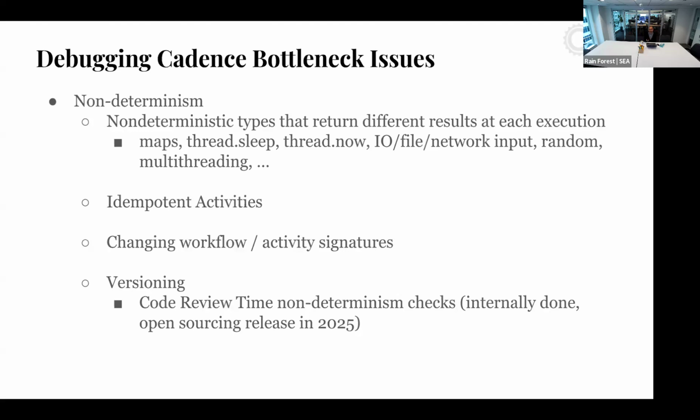Whenever you send a code review, it will trigger an integration test that will download, let's say, 1,000 workflows from production, run it against your code review, and automatically fail your code review if it is not backward compatible.